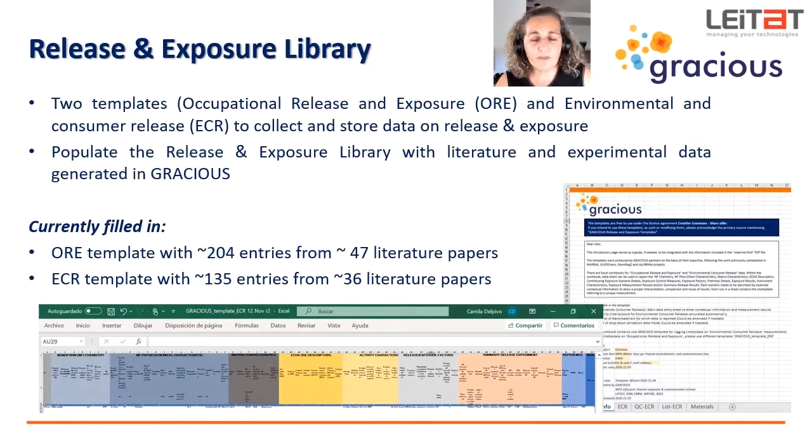These templates have been generated in the Gracious project, and now they are openly available for use by the whole community in other projects. So we have these exposure and release templates with data in to be used for the models.